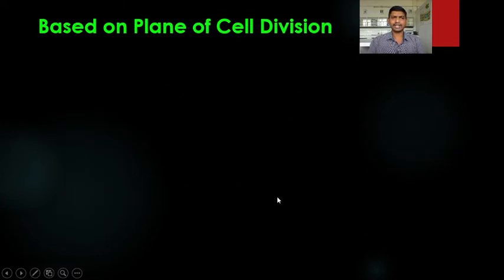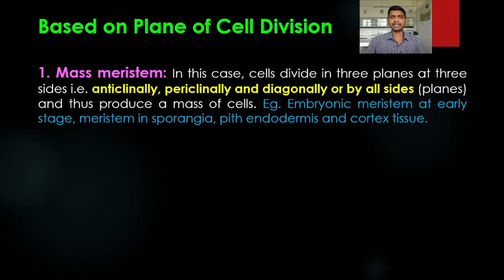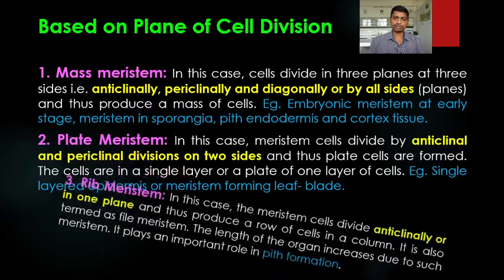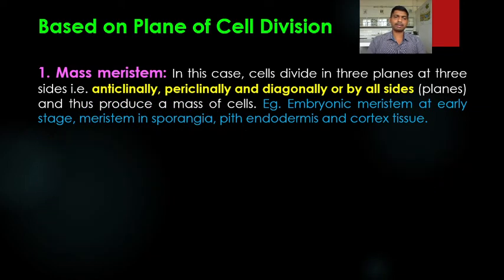Now the third criterion: based on plane of cell division. On the basis of plane of cell division, there are three types: mass meristem, rib meristem and plate meristem. We are going to study these one by one. The first type is the mass meristem. In this case, the cells divide in three planes at three sides.